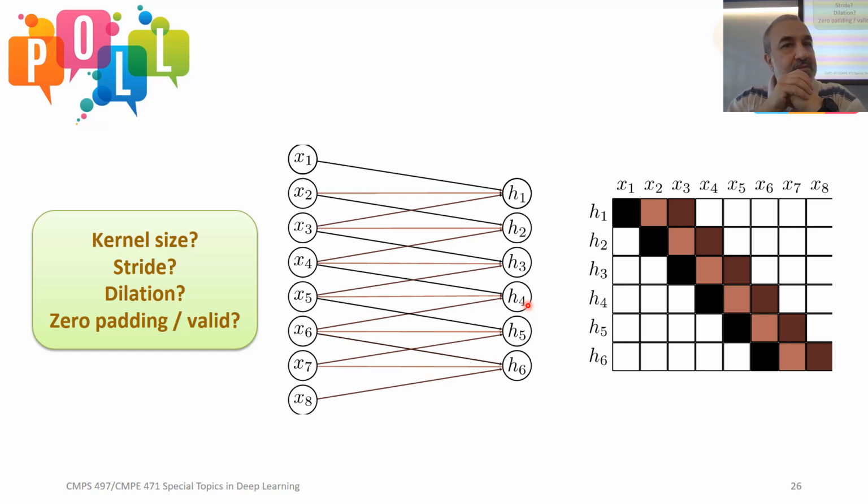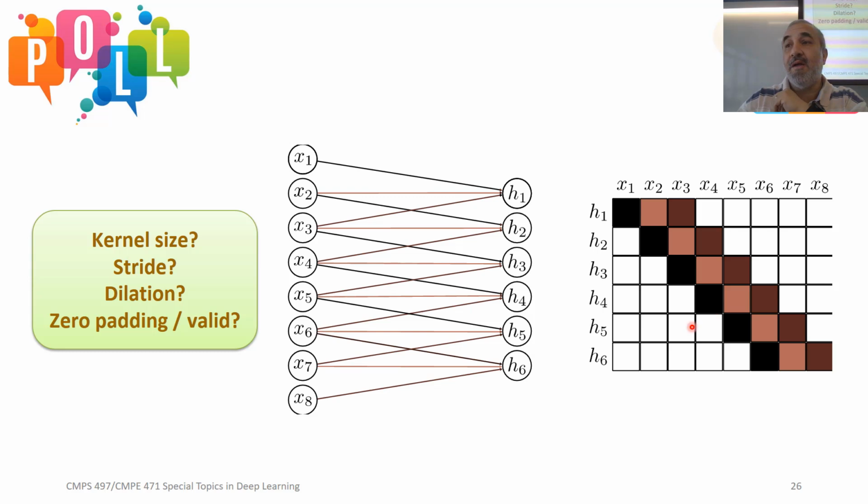Right. How about this? Think before you answer. The size is 3. Okay. Stride, 1 or 2. The stride is about shifting the filter, the kernel, right? It's 1 here. You can tell from here. You can also tell even easier from here.